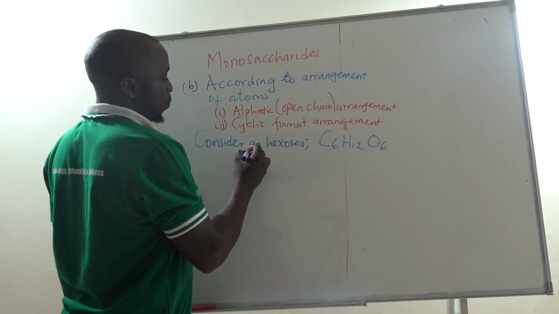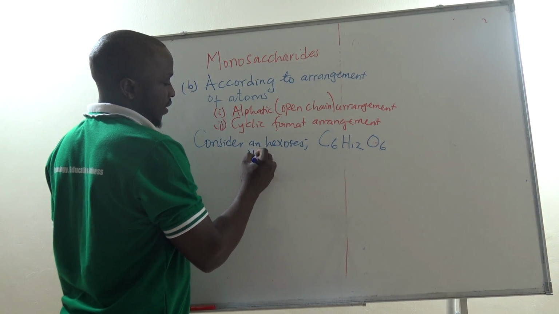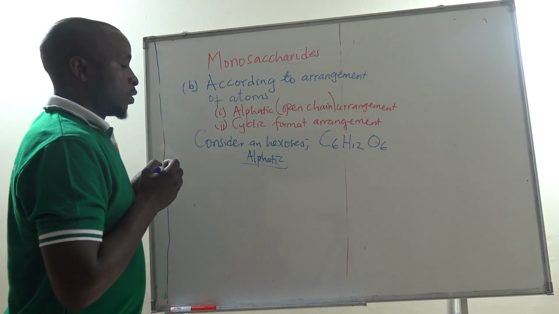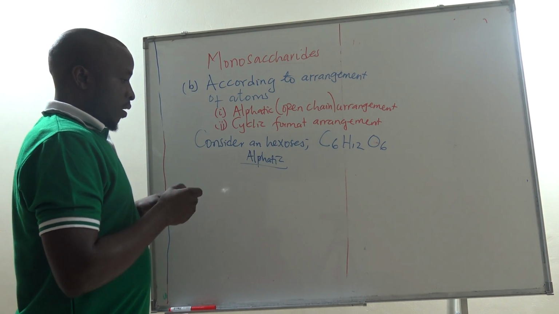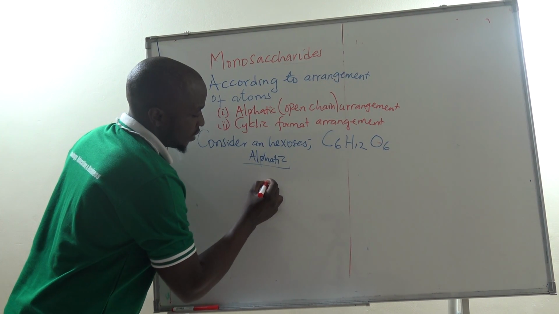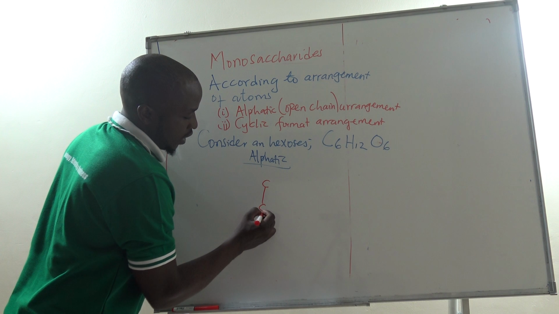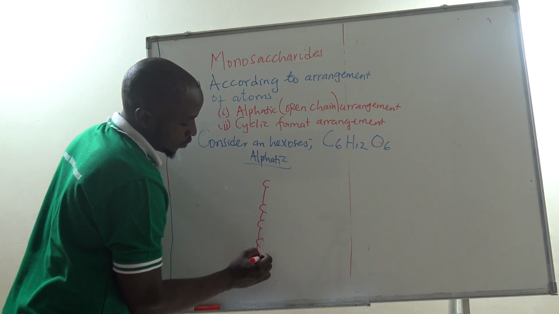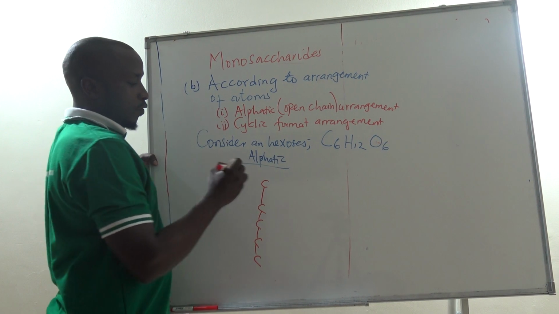If it is open chain aliphatic, that means the carbon atoms catenate, but they are not in a cyclic format.